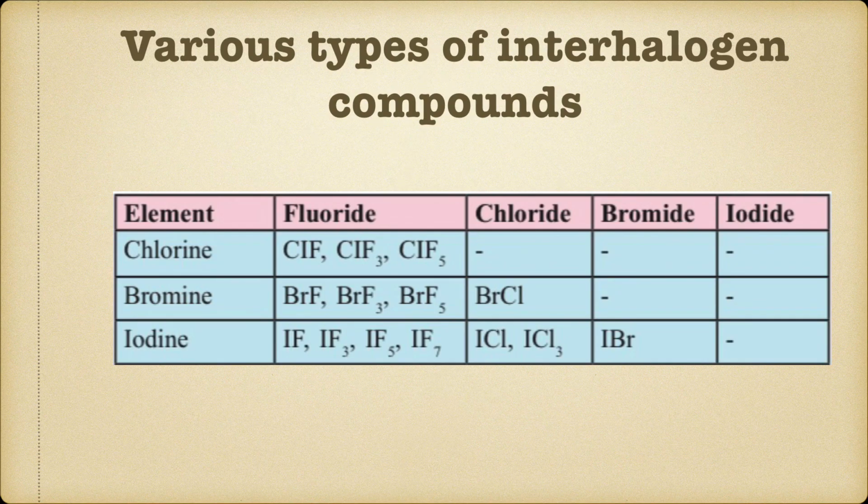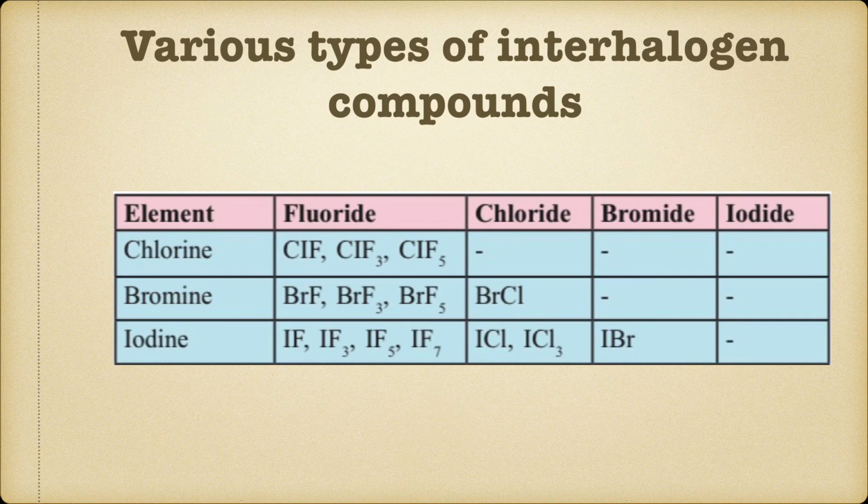And the last one, fluorides of iodine: IF, IF3, IF5 and IF7. They are called iodine monofluoride, iodine trifluoride, iodine pentafluoride and iodine heptafluoride.